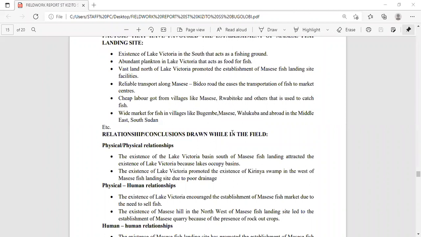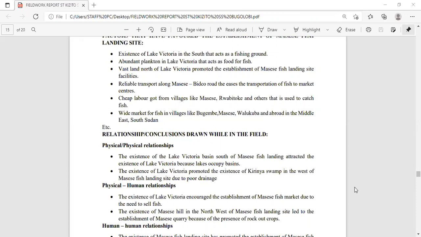This involves the use of our naked eyes with the help of other senses to see geographical phenomena in the field and get information about them. We used our eyes to see important features like Lake Victoria in the south of Mbuya Hill. Another one. We used the interviewing method.